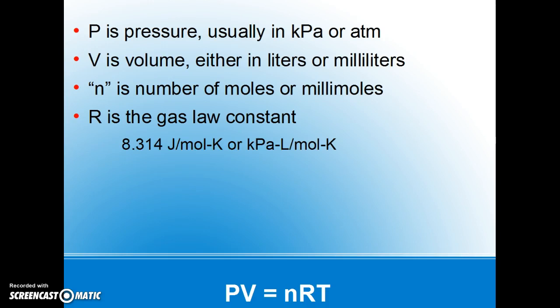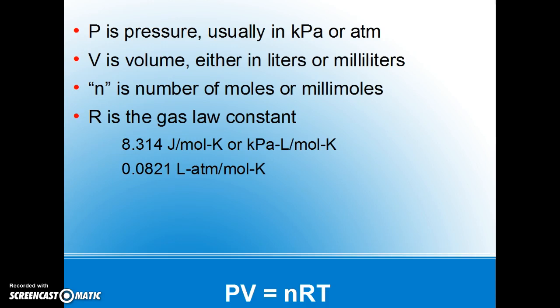That's, generally speaking, either 8.314 joules per mole Kelvin, which is the same as 8.314 kilopascal liters per mole Kelvin, or 0.0821 liter atmospheres per mole Kelvin. You determine the R that you use from the units that you will see in the atmospheres or kPa.